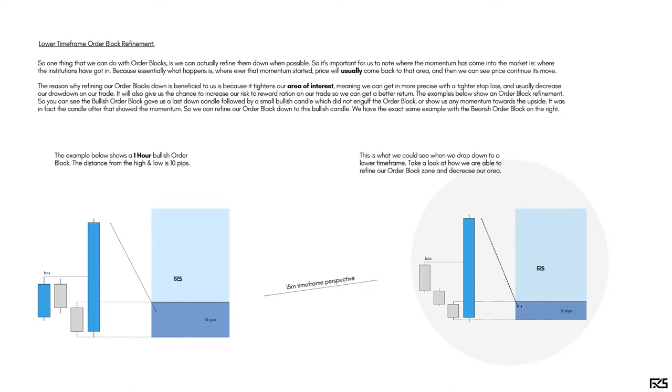So this is what it means by lower time frame refinement. Now let's get into some examples on the chart so I can show you the power of this. We'll start off with some bullish order block refinement, and then we get into some bearish order block refinement.